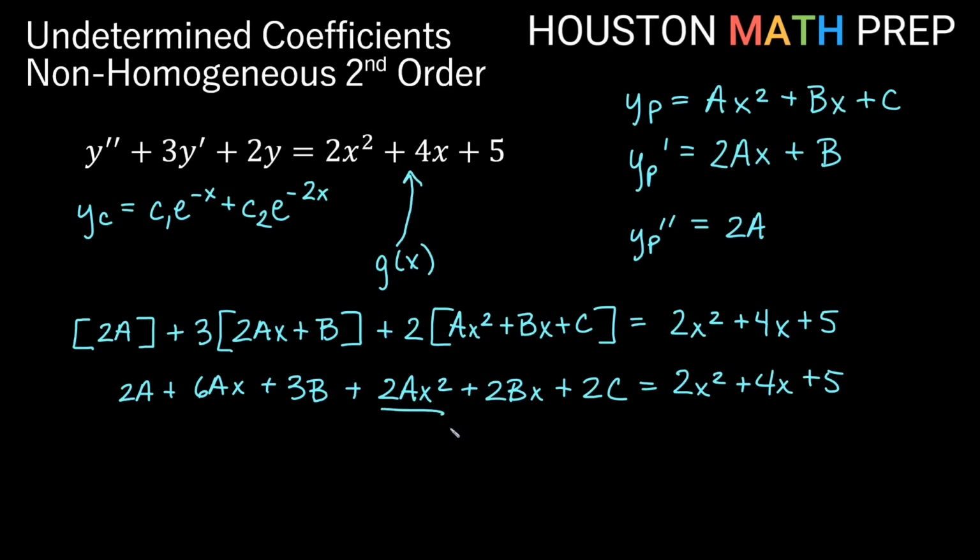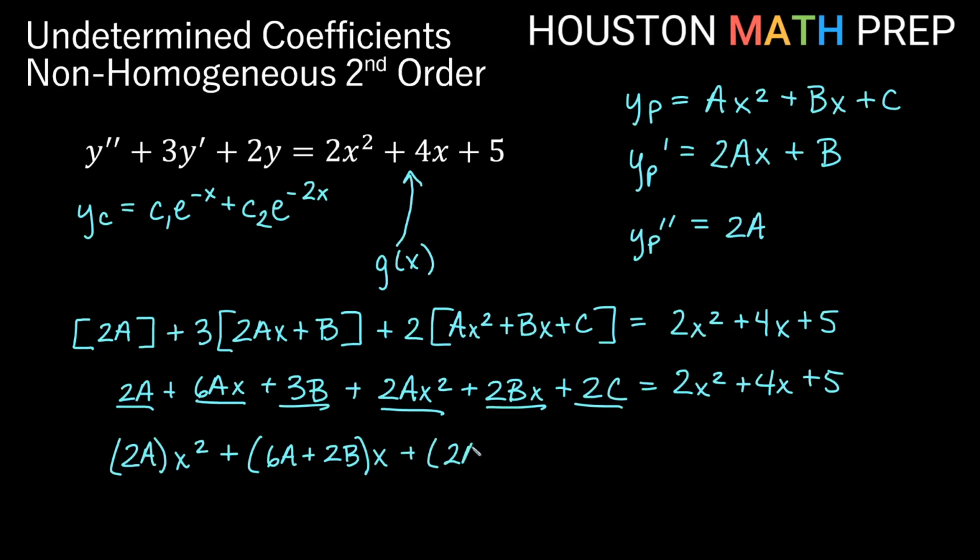Now, this is the only x squared term that we have, so we'll just say 2a times x squared plus, now all of my x terms, I have a 6ax and a 2bx, so I'm going to say 6a plus 2b x, and then all of my constant terms, 2a, 3b, and 2c. So we'll say plus 2a plus 3b plus 2c is equal to 2x squared plus 4x plus 5.